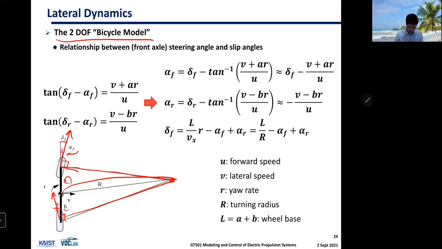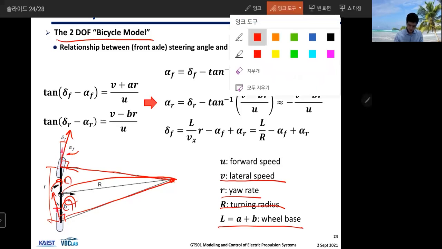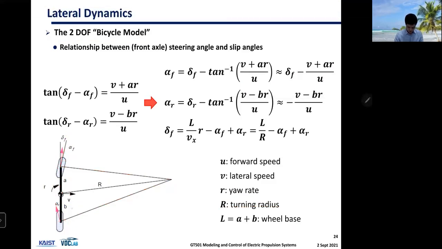And A plus B is this total length, which is the wheelbase. You have yaw rate, rotational speed, lateral speed, and forward speed, which is U. With those variables, we can write down equations of motion.